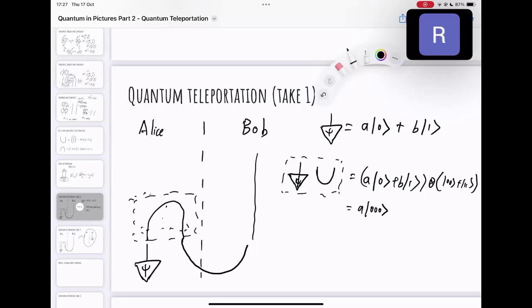Now I'm just multiplying it out. And if I look at this subpart of the diagram, if I view it as a single linear map, then I will have something like this.